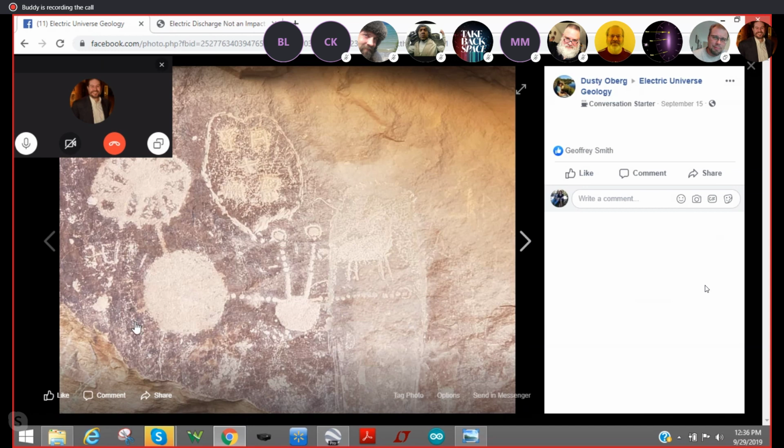That's clearly the eye on top of a body, which we've seen before in other petroglyphs, and that would happen to be the cross. Notice there's a cross in the middle, and then you got four basically bright plasmoids around a sort of almost heart-shaped object that would be or could be Saturn.